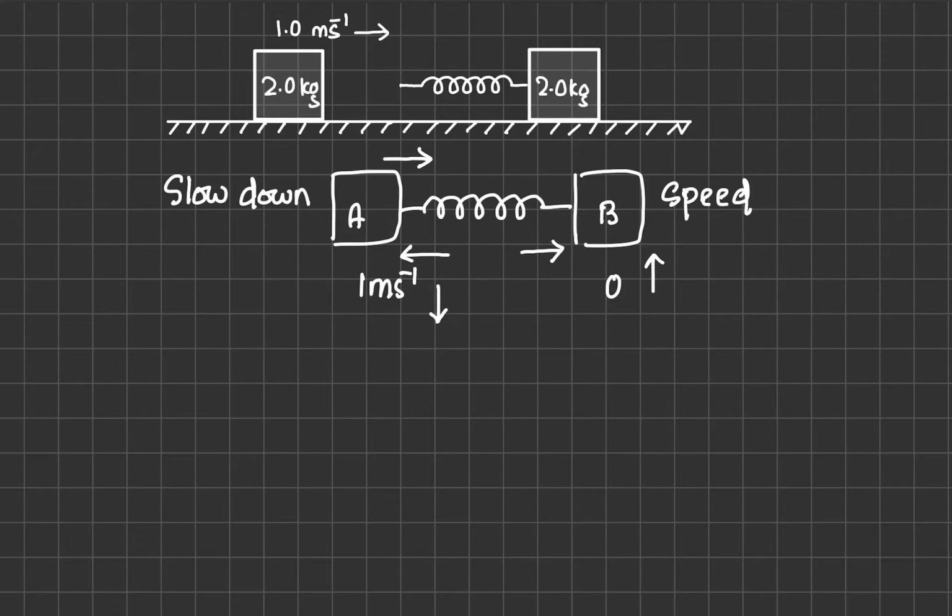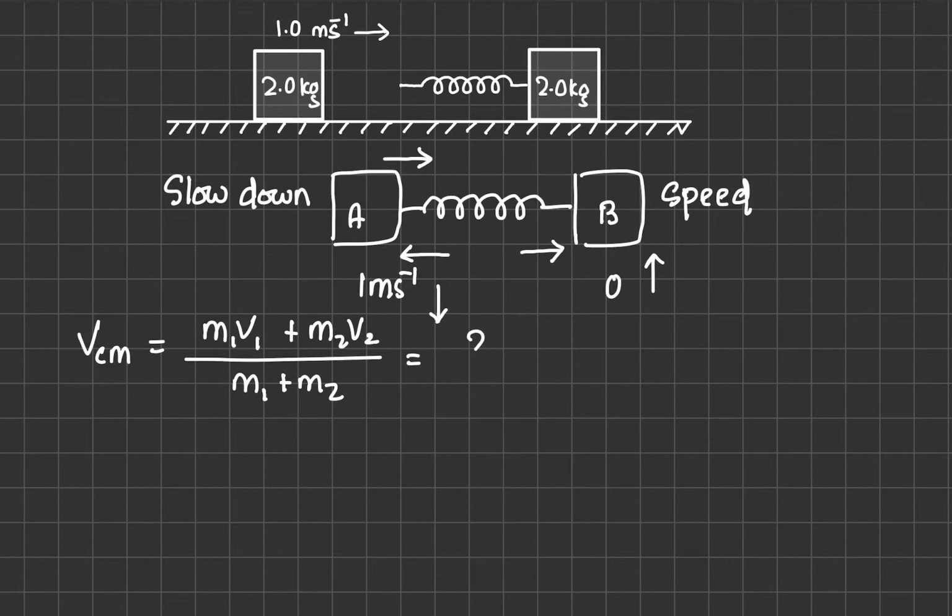So finding the velocity of center of mass from here, VCM equals (m1 v1 plus m2 v2) by (m1 plus m2), which equals (2 into 1 plus 2 into 0) by 4. This equals 0.5 meter per second.